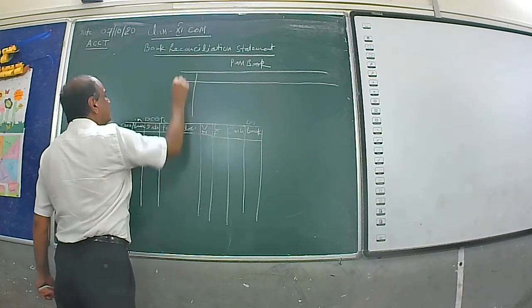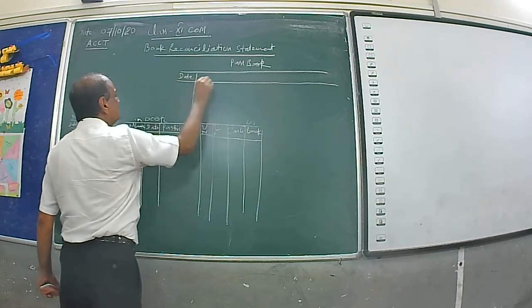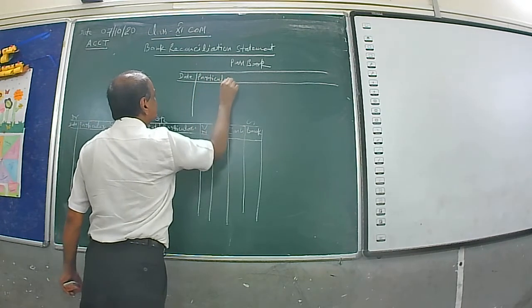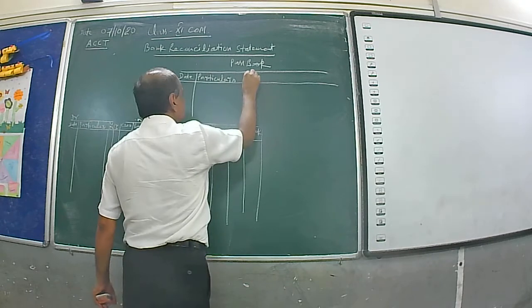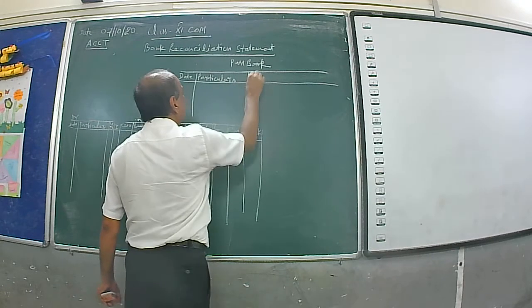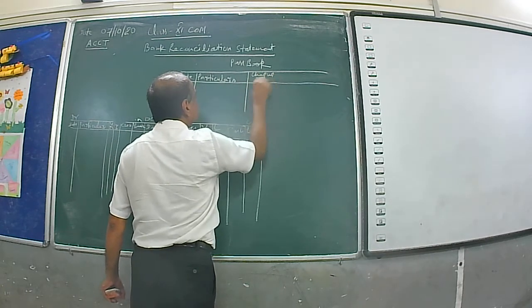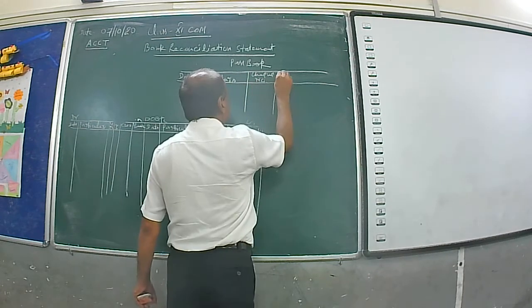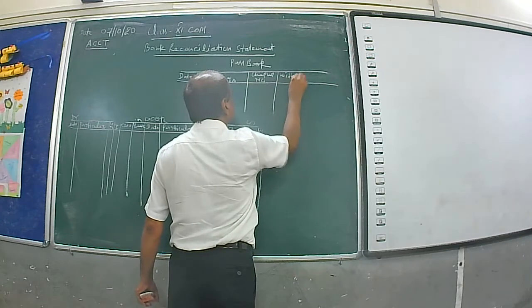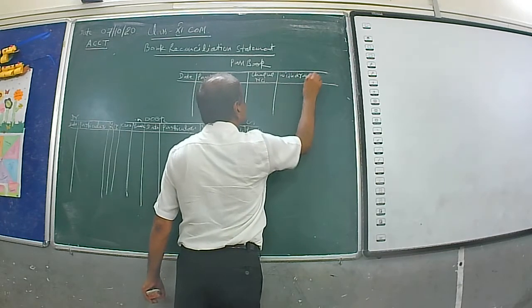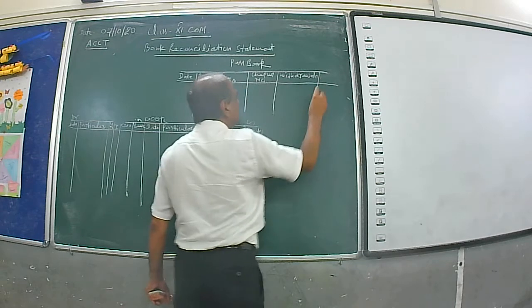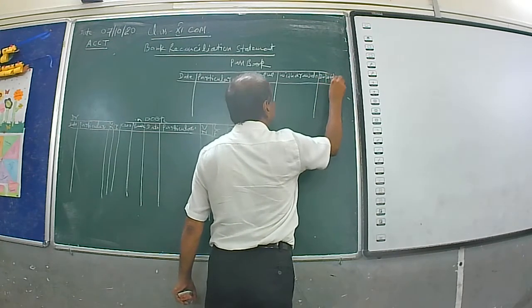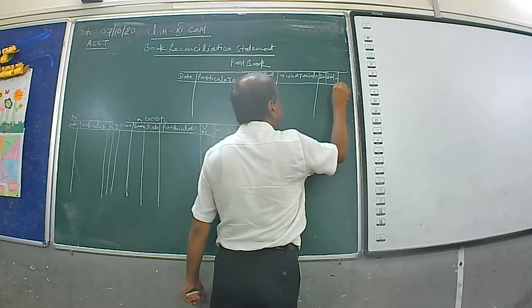First column date, second column particulars, next column check number, next withdrawals, next column deposit, and the last column balance.